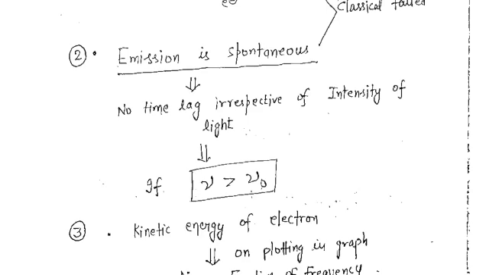But in this experiment, the observation was that the intensity of the light does not affect the ejection of the electron. So here you can see the second failure of the classical theory.